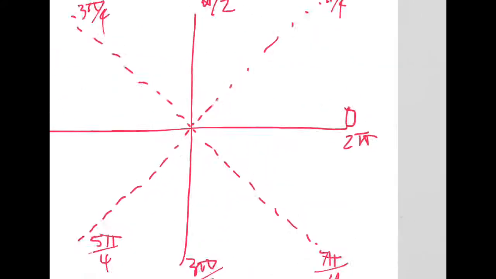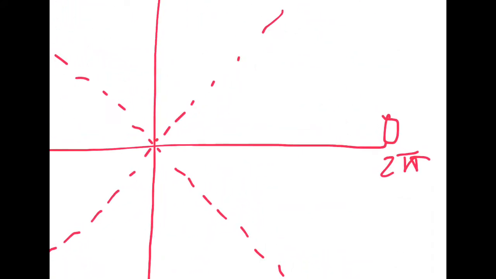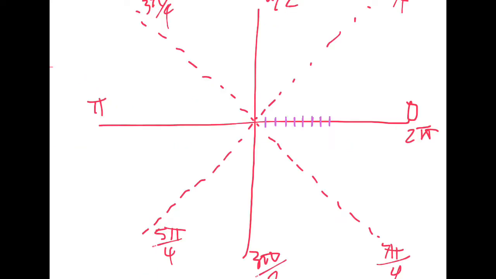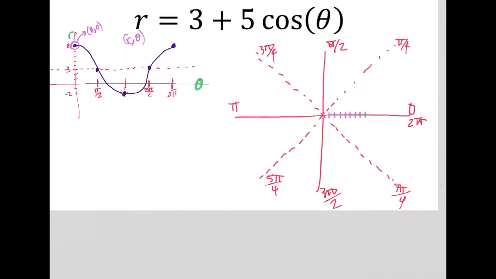So what that's saying is when I'm at the theta value of 0, so when I'm out on this line increasing to the right along that angle line, I have a radius of 8. So I'm going to plop 8 tick marks on there, and I'm going to put my point there. So there is my first polar point.